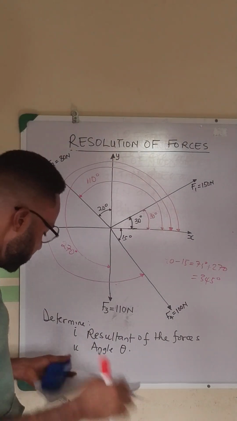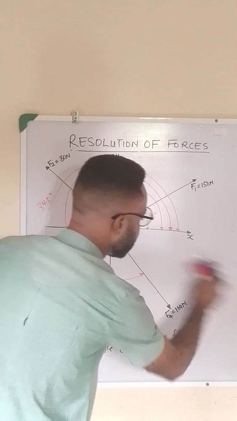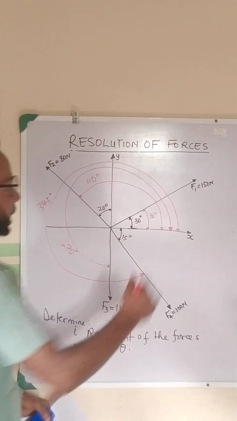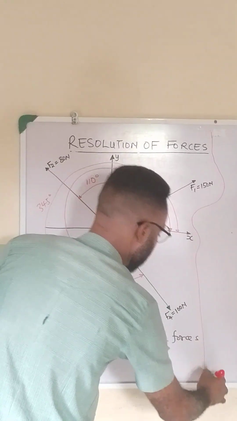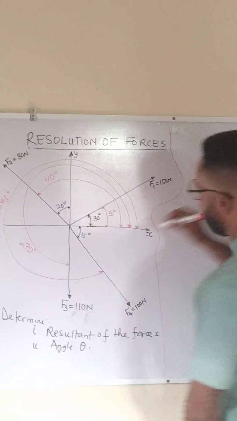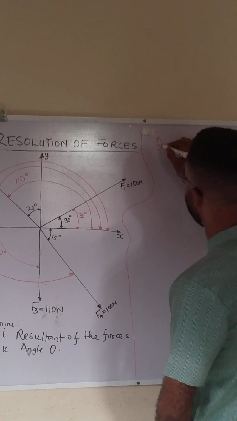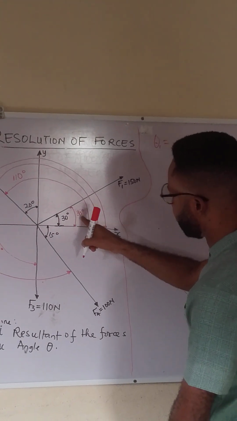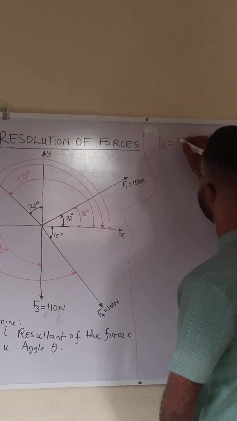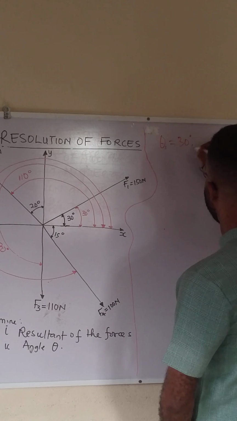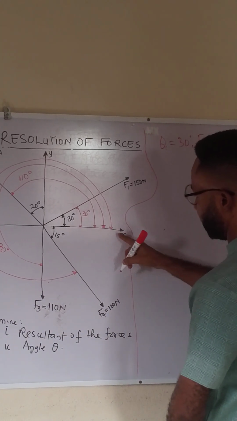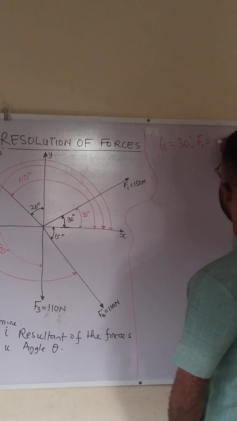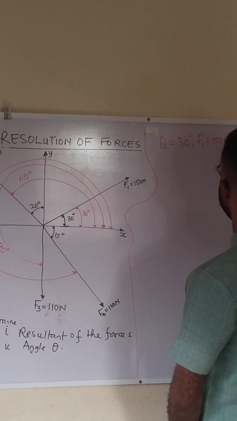So having done this, we can now take the angles and the forces so that we can begin our calculation. So from here we can say that theta 1 is 30 degrees, and F1 is 150 Newton.